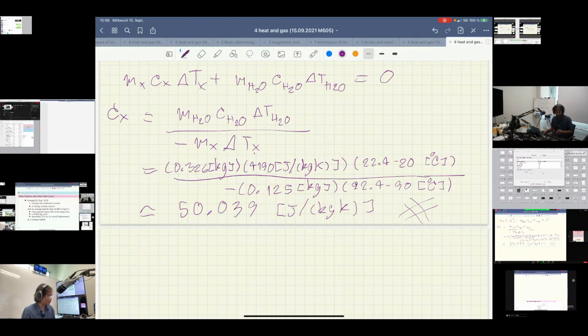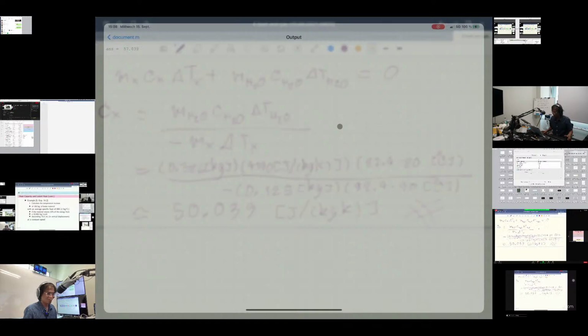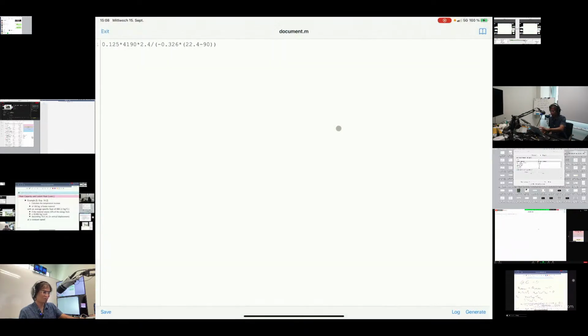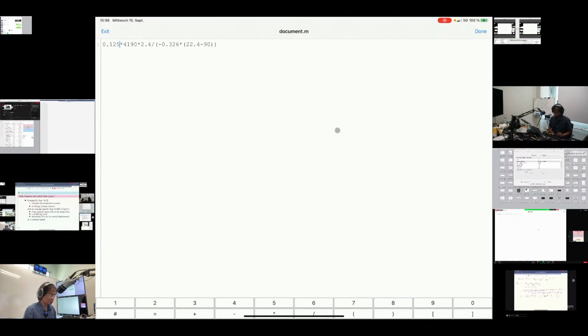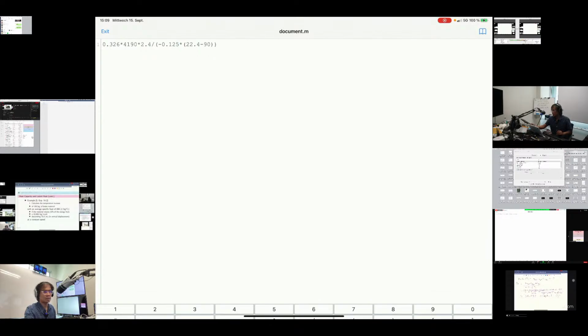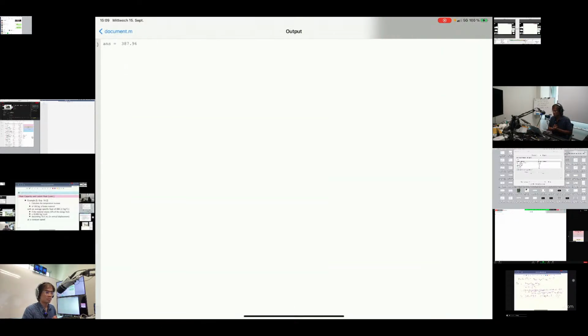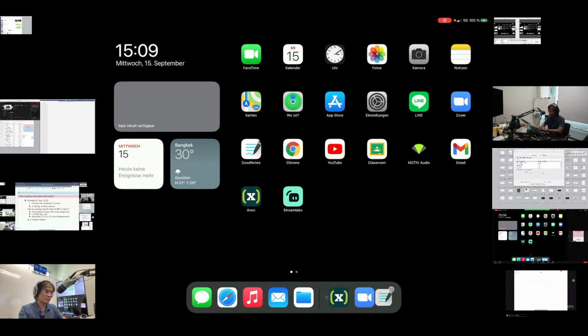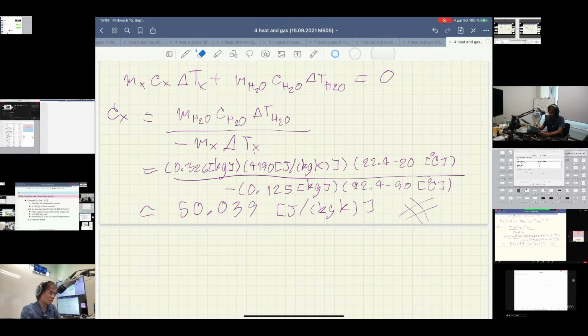Okay, it should be something like that. Three, two, six, one, two, five. Okay, 387.96 joule per kilogram and Kelvin, and that's it.